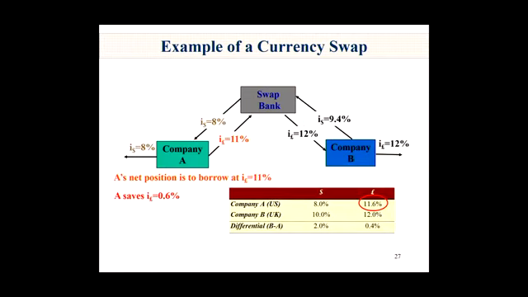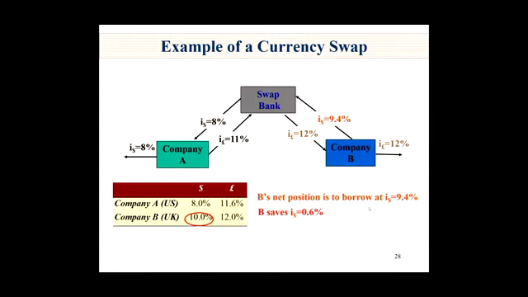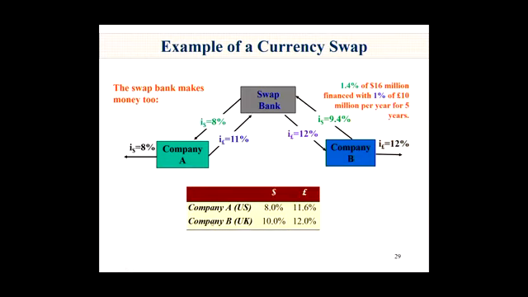Okay, so A's net position is to borrow at 11, and they save 0.6. B's net position is to borrow at 9.4, and B saves 0.6. Okay, the swap bank also makes money, right? So how much does the swap bank end up with? Well, they've got the dollar-denominated debt, they end up with 1.4%, that they're receiving.